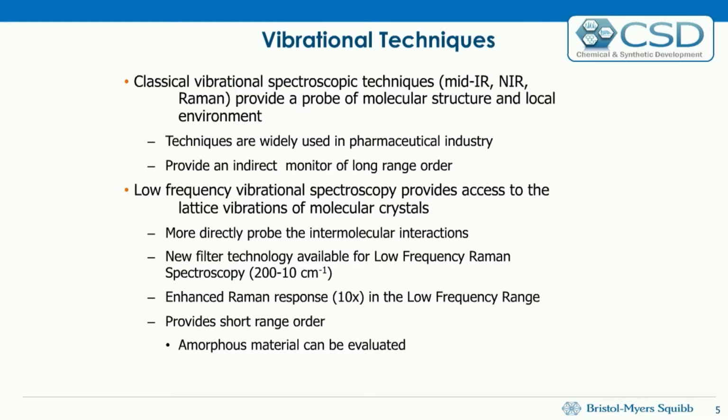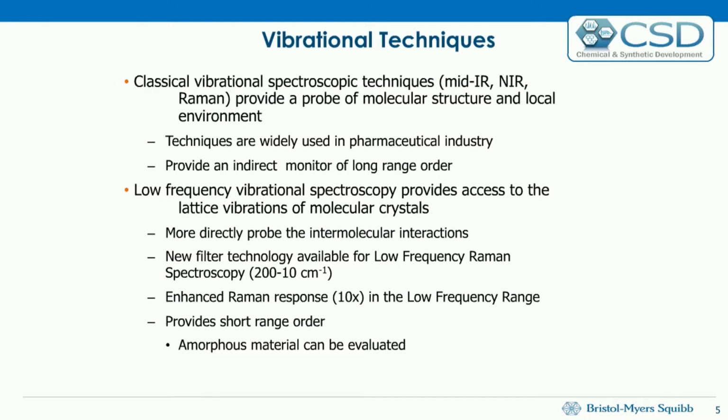Now, low frequency in the 0 to 200 reciprocal centimeter range was typically not easily attainable many years ago, simply because of the broad laser line. So you're at that cusp between the Stokes and anti-Stokes region around 0, where the laser line flooded or saturated your detector.